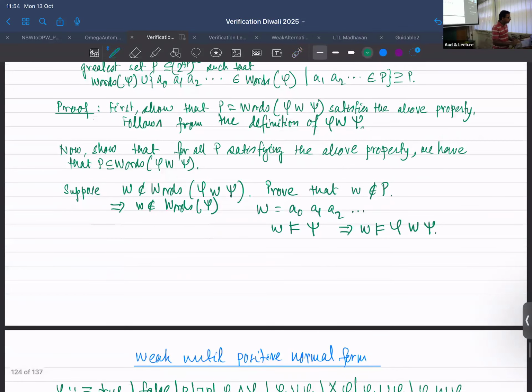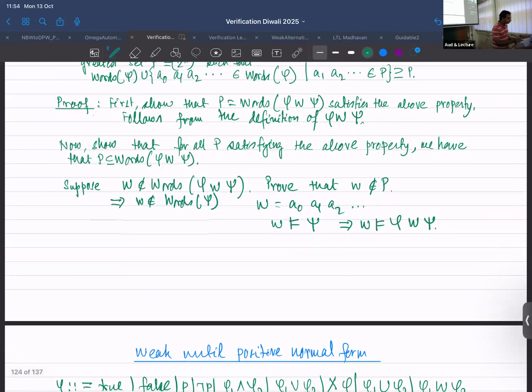So then we can say that there exists some k such that ak+1, ak+2, and so on satisfy not phi and not psi.